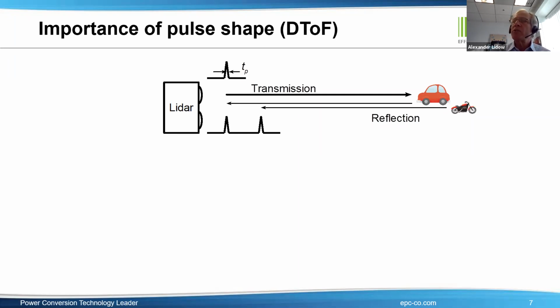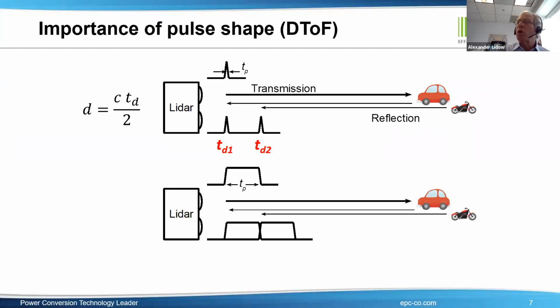So you get two pulses back, and each of those pulses can be measured independently to tell you how far something is away. And the distance is just the speed of light times the time delay divided by 2, because the light has to do a round trip. And the difference between these two pulses tells you the distance between those two independent objects, which can be important, obviously.